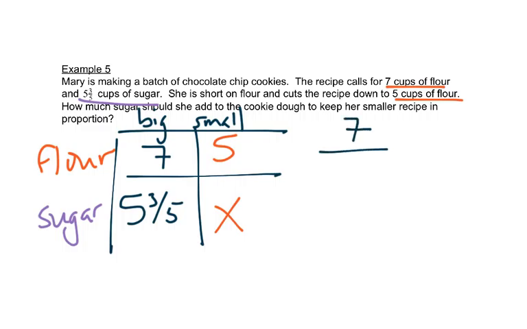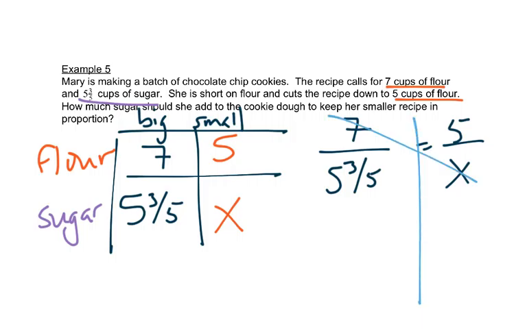So we have 7 over 5 3/5 equals 5 over x. Multiply 7 times x is 7x. And then we'll multiply 5 times 5 3/5. Now you can do that in your calculator with the fraction button.